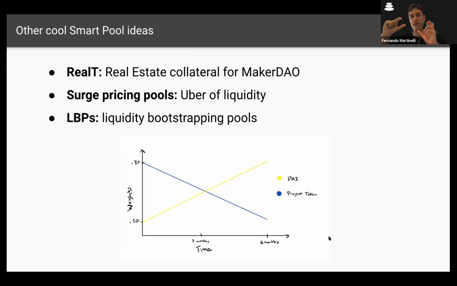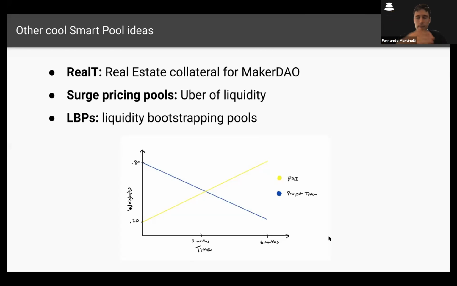And when you have a token that you're not really comfortable with, or you think it's risky, you usually use a low weight for that token. So if you have a very low weight, even if the price drops by 100x, for example, the impact of that drop on the whole pool will be the drop of that token to the power of the weight.